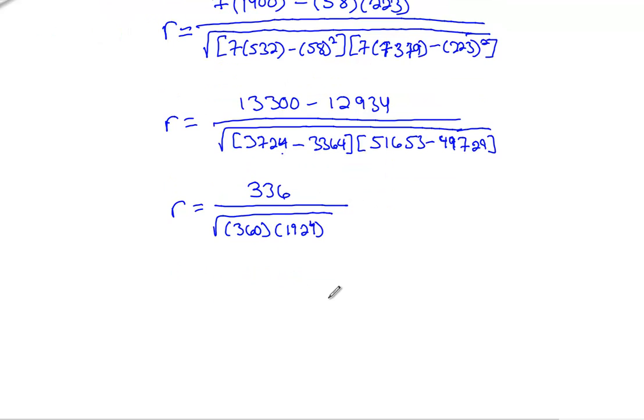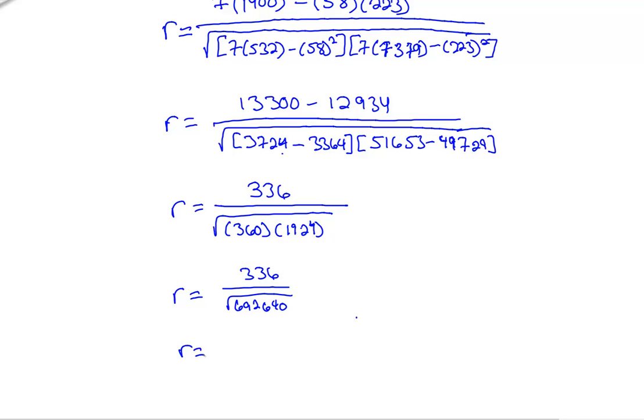So I still need to do the multiplication in the denominator. So that's going to be 336 divided by the square root of 360 times 1,924, which is going to give me 692,640.